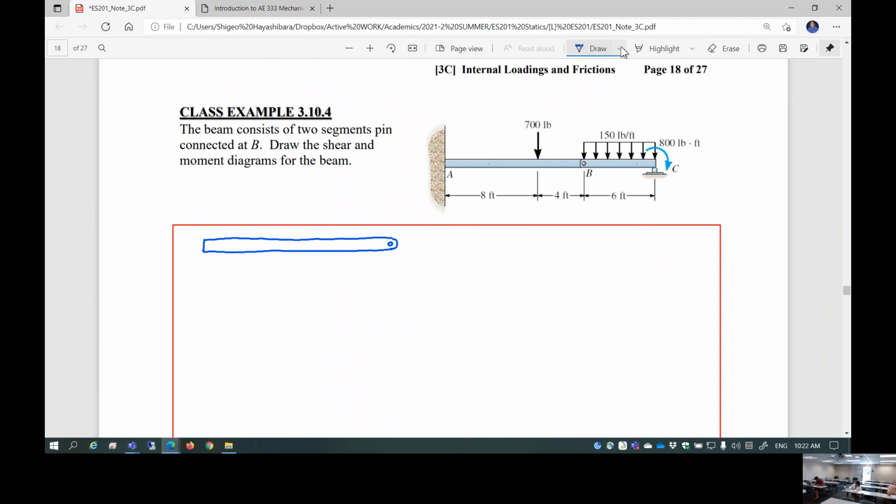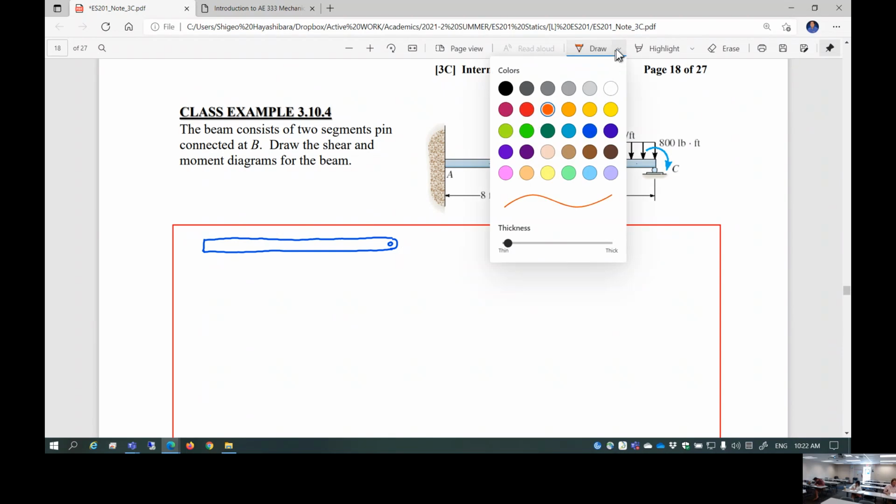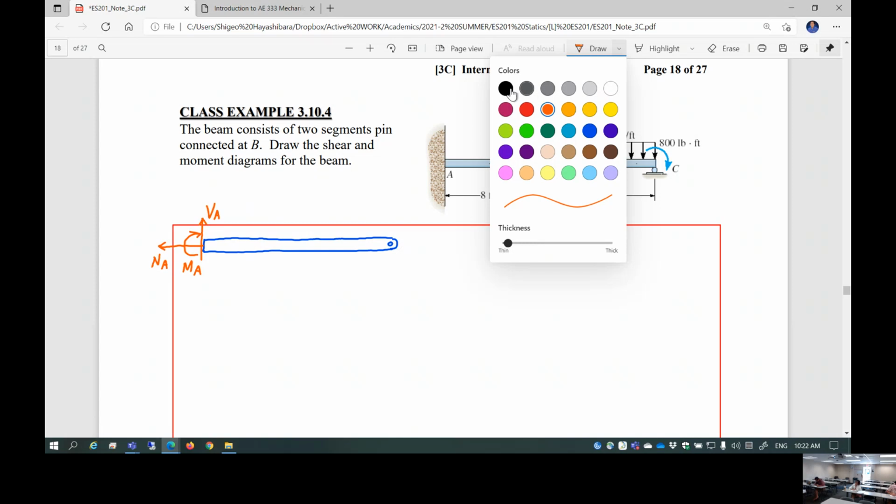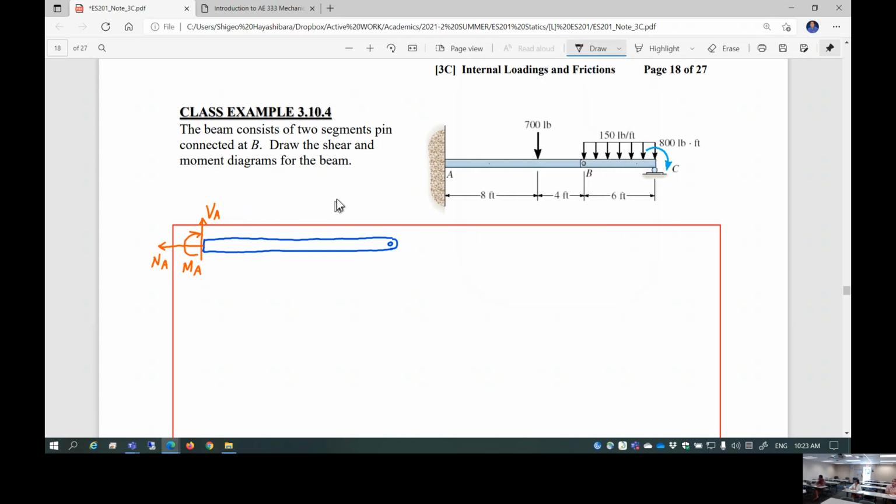Remember, AB is going to be, first of all, left-hand side is fixed support, so you cannot avoid it, but you're going to come up with three unknowns: shear reaction at A, normal force reaction at A, NA, and then the support reaction moment, MA. Keep in mind, I'm going to strictly follow the sign convention, okay? Let's just do that. And an external force of 700 pounds applied here.